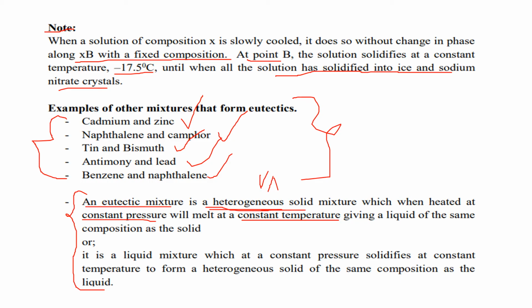Heterogeneous solid mixture, and then you want to see a liquid, but this liquid which is being formed must be of the same composition as the solid mixture. So take note of this.